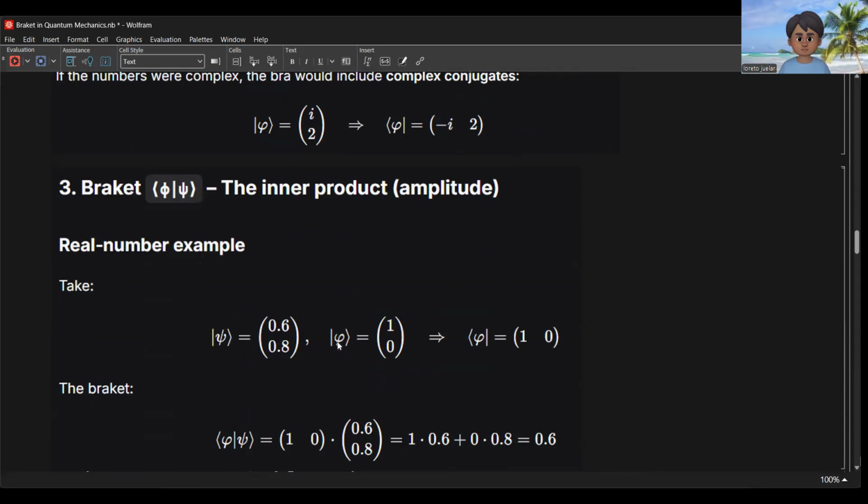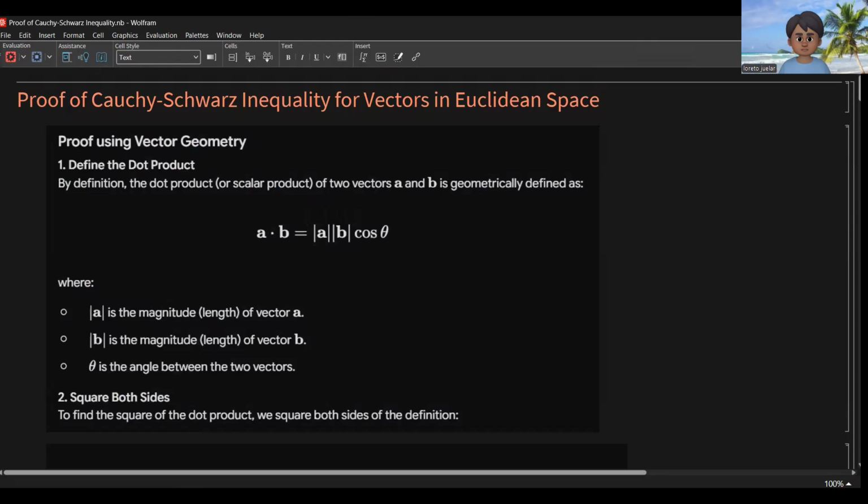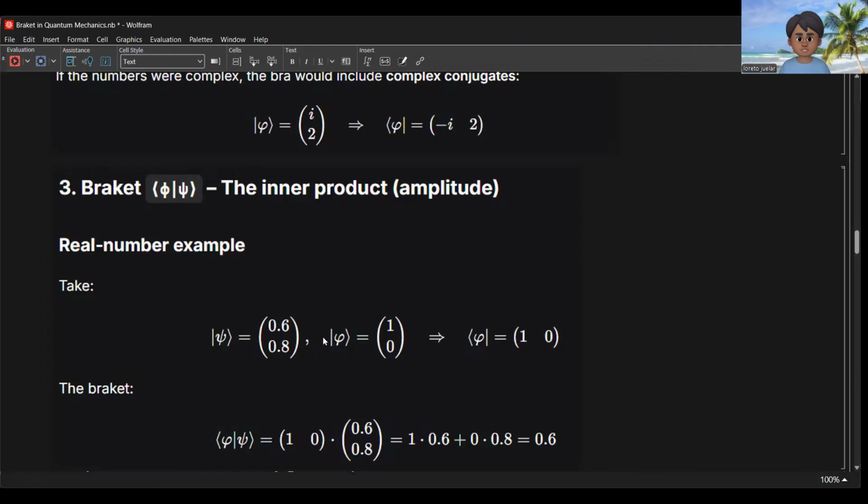And we have another vector given here. This is psi, this is phi. Phi is (1, 0), this is the column vector.